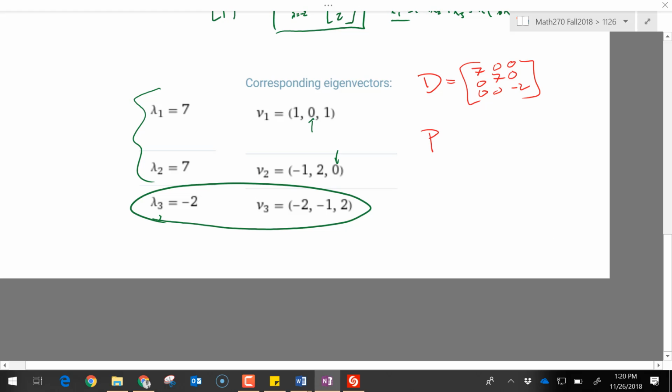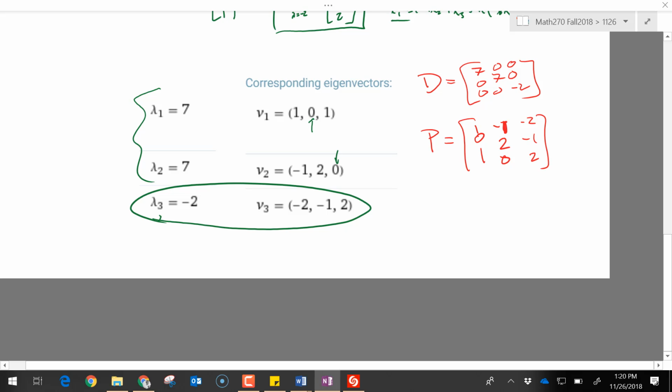And then your P would be, you need to have the corresponding eigenvectors. So it turns out that V1 and V2 can be, since 7 is the same, it doesn't matter which one is which. So let's just write them in order. We've got the first two columns, and then the last column has to correspond with -2: -2, -1, and +2.